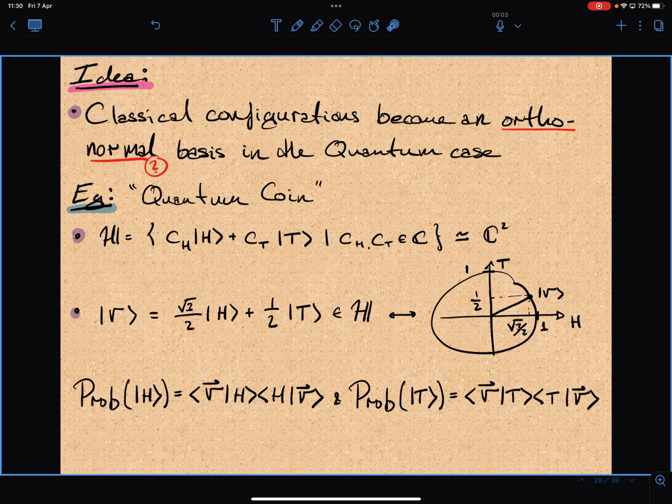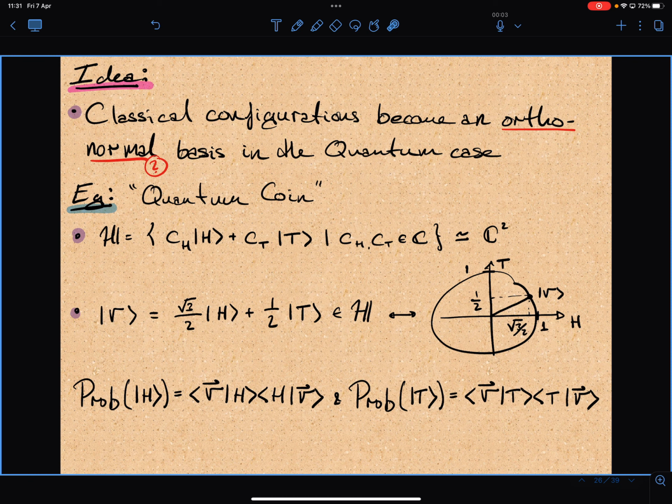And for this V vector, the interpretation is that it's in a superposition of two states, H and T. And that means that the probability of finding the vector V in H is going to be given by this quantity, and the probability of finding V in T is going to be given by this quantity.